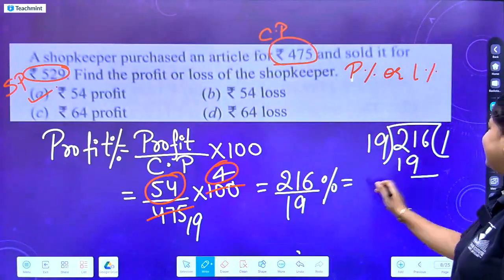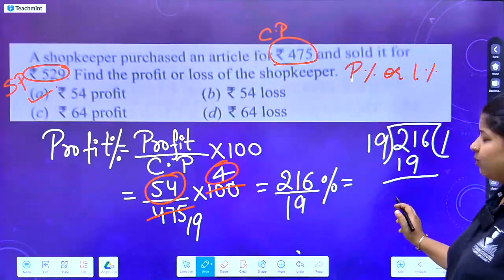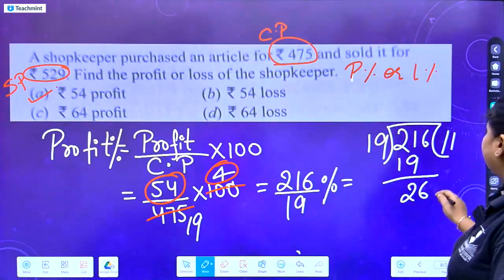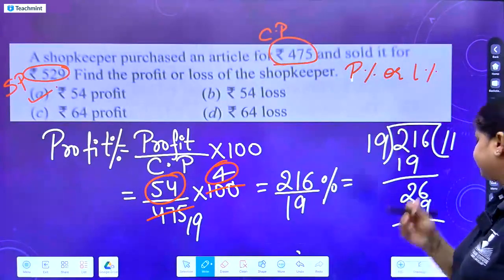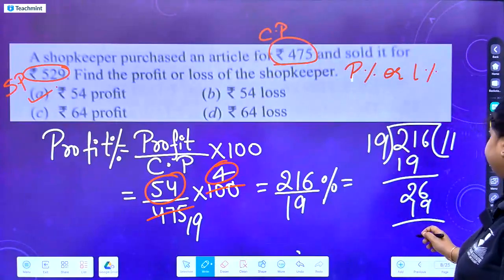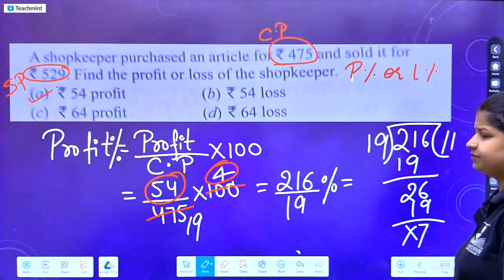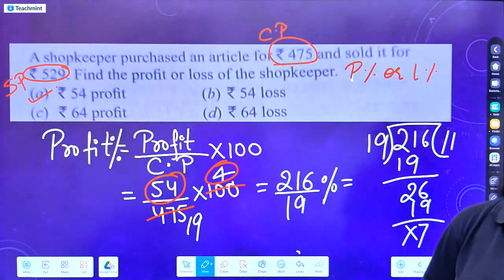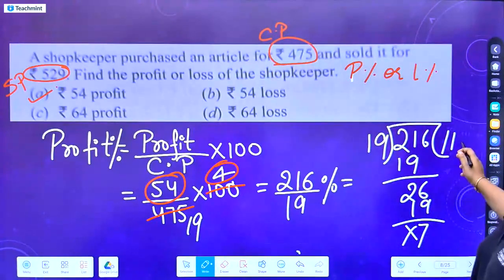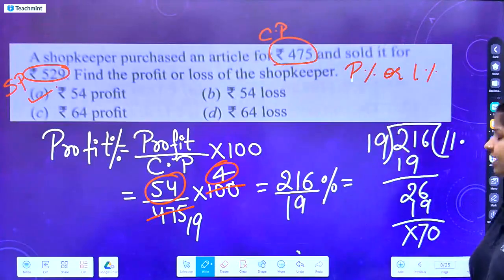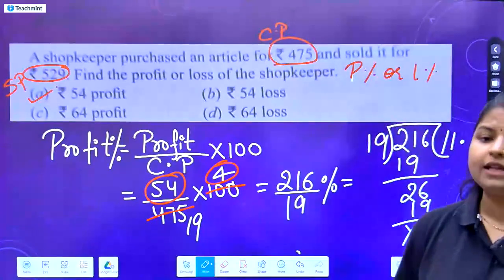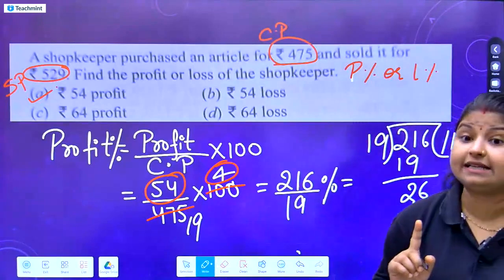1 times 19, right? So how much is it? 26. Again 1 times 19, how much is it? 7, right? Now you will put a point, then a 0. Now 19 into 4 is 76.